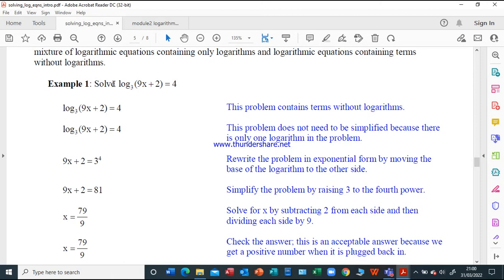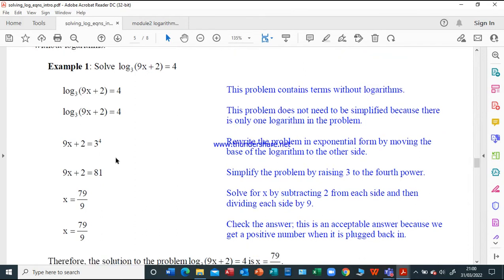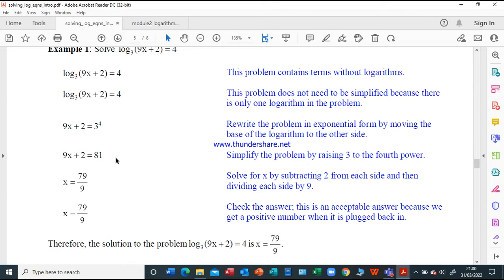Right, so next is to solve this again. Another example: solve log base 3 of 9x plus 2 is equal to 4. Again it has only logarithms on one side and non-logarithms on the other side, so all we need to do is rewrite. There's no simplification required here. Shortly I'll get another number that requires simplification.